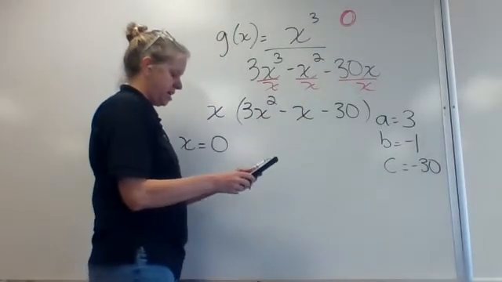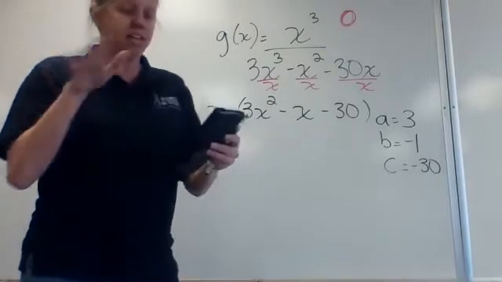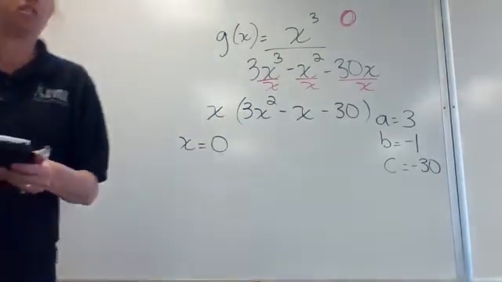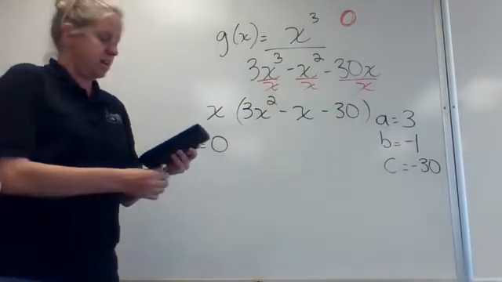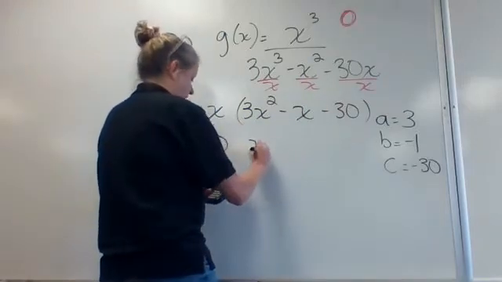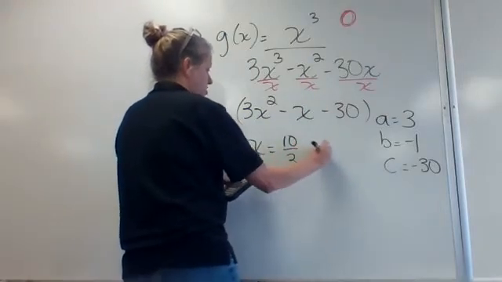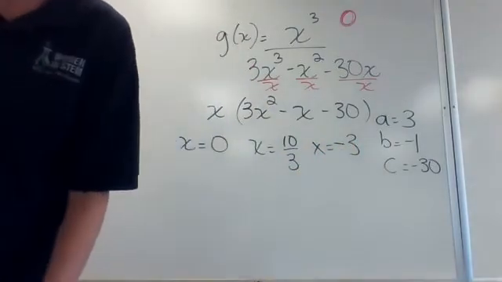A is 3, B is -1, C is -30. It gives me a decimal and -3. I'm just going to hit enter again because it'll turn that decimal into the fraction. So the other 2 zeros that come from this are x equals 10 thirds and x equals -3.